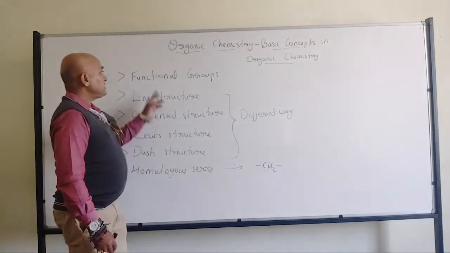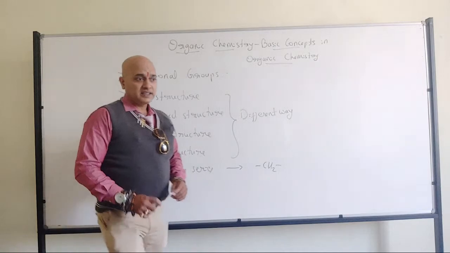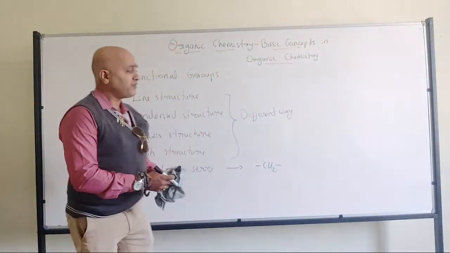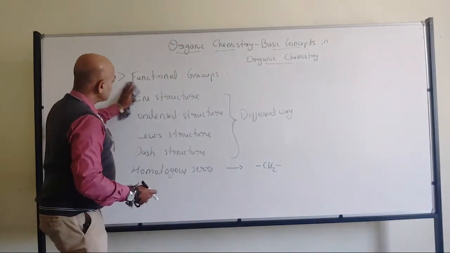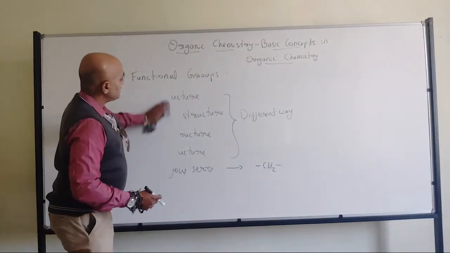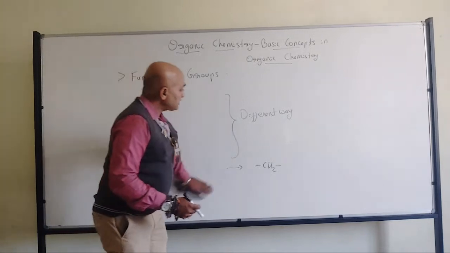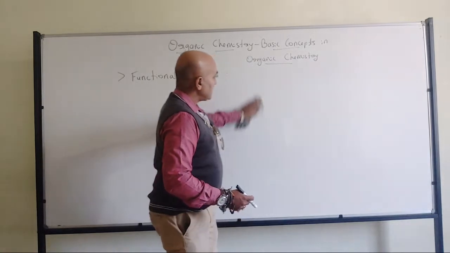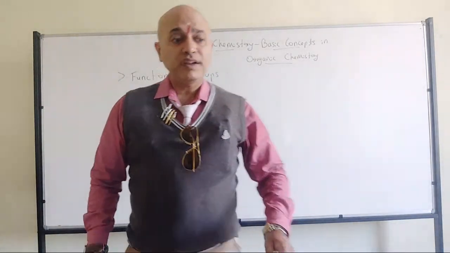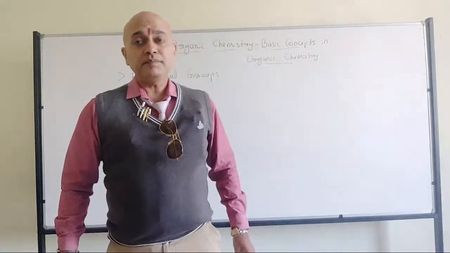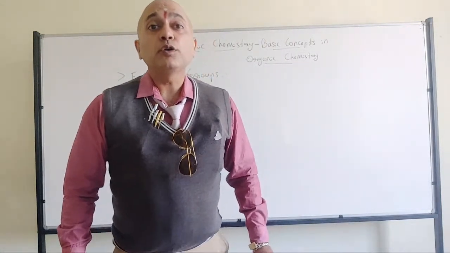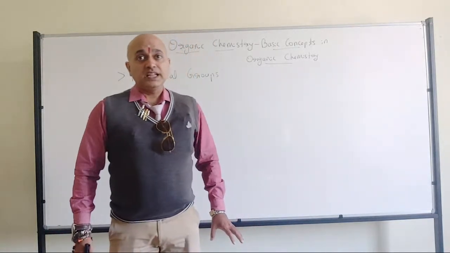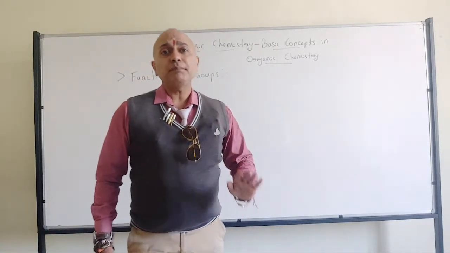Now, when it comes to the functional groups, that's what we were talking about in the last class. I will remove these things and we are going to continue with the functional groups. So what are functional groups? This is the part of a given organic compound which has a group of atoms arranged in a particular manner.